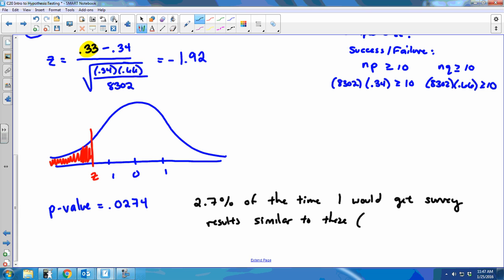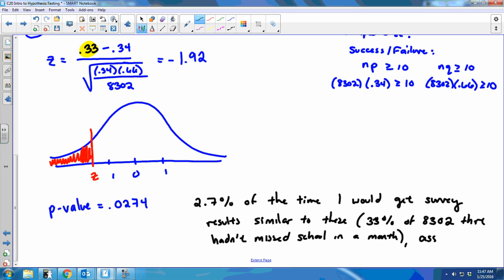So similar to the 33% of 8,302 that hadn't missed school in a month. Assuming the null hypothesis was true. That's what we did the entire time. That's what a p-value is. It's telling you what percent of the time you're going to get survey results like you got.